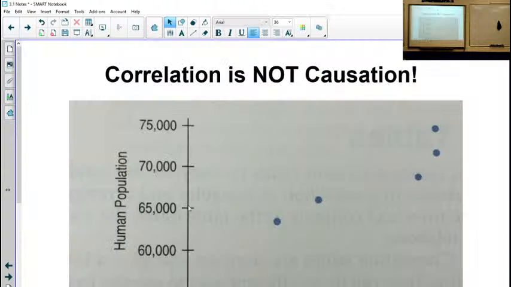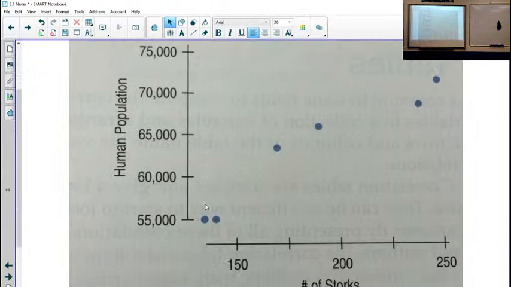It's the storks. What's actually happening here is, if we think about it, the causing effect is going the other way. More people in a location will mean more households, which will mean more things like chimneys and rooftops, which are fantastic nesting places for storks to be able to live and inhabit.